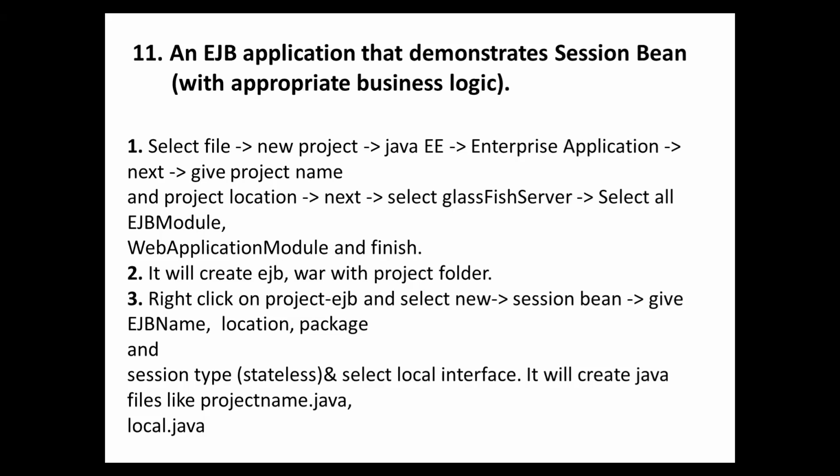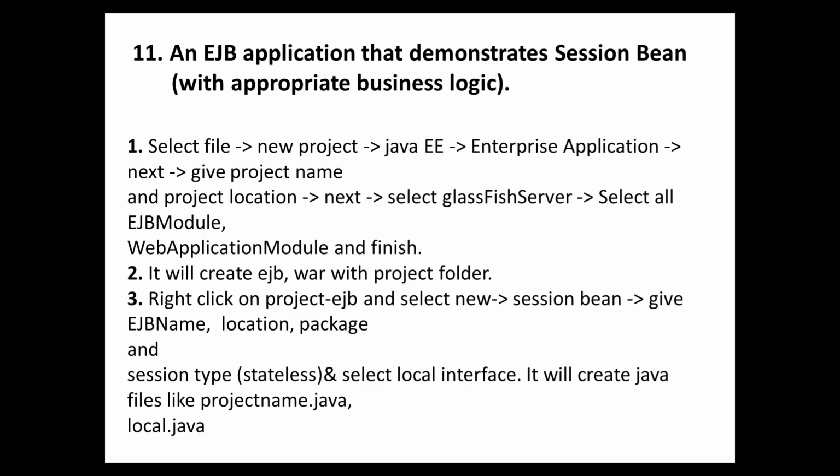The 11th program demonstrates using a session bean. So we select the new session bean and give the EJB name, location, and also we can create a package. Once the package location and EJB name are done, then we select the type. It may be stateless or it may be stateful.